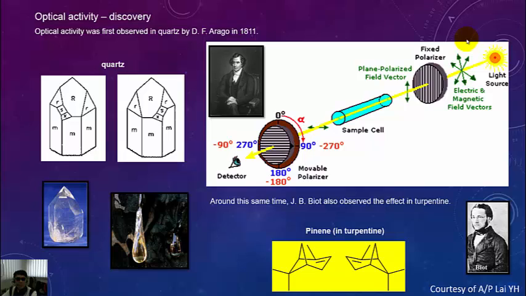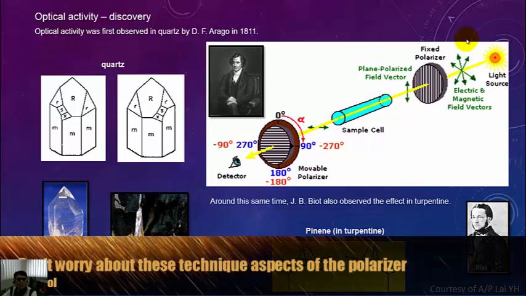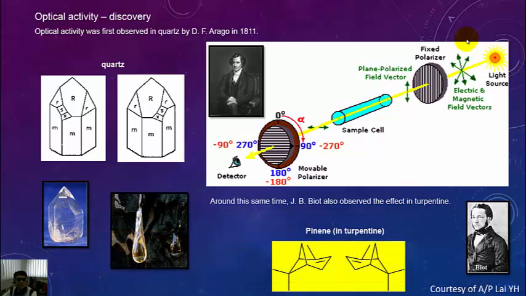And this linear polarized light can be described as a superposition of two counter-rotating components which propagate with different velocities in an optically active medium. If one component interacts stronger than the other with a chiral molecule, it will slow down and therefore arrive later at the observer. And the result is that the plane of the light appears to be rotated.